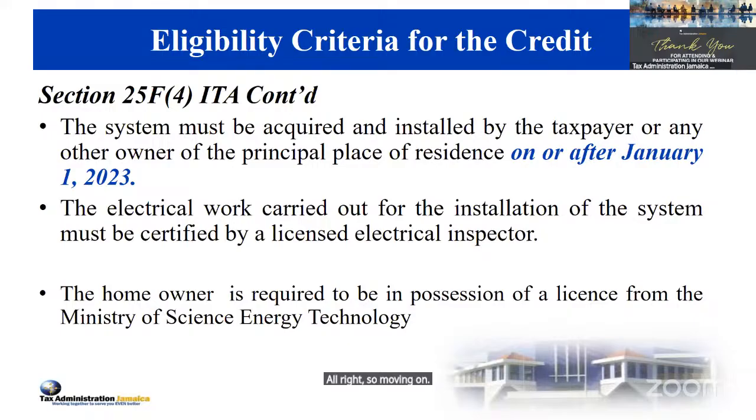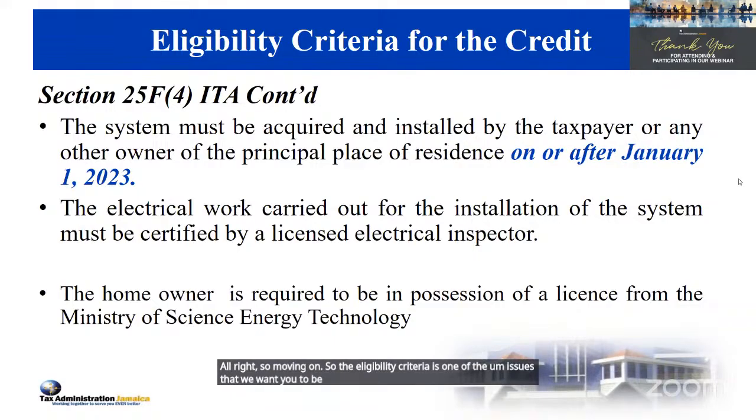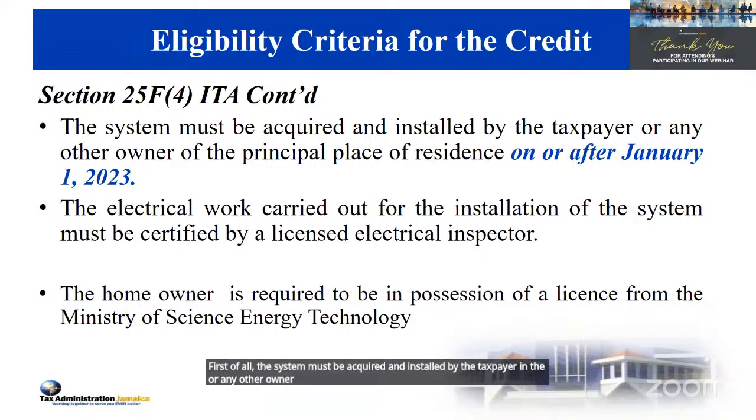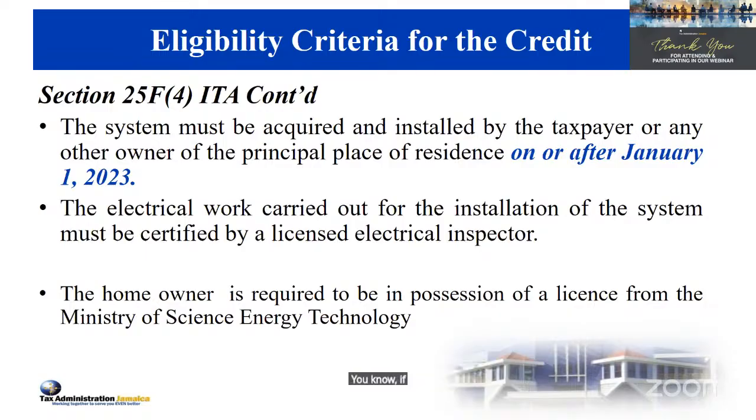So the eligibility criteria is one of the issues that we want you to be clear on, crystal clear. First of all, the system must be acquired and installed by the taxpayer or any other owner of the principal place of residence on or after January 1, 2023. That must be in your mind because persons have been asking, if I did it before and I add to it after, am I entitled to credit?